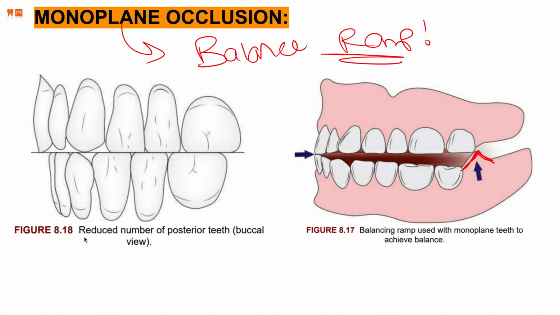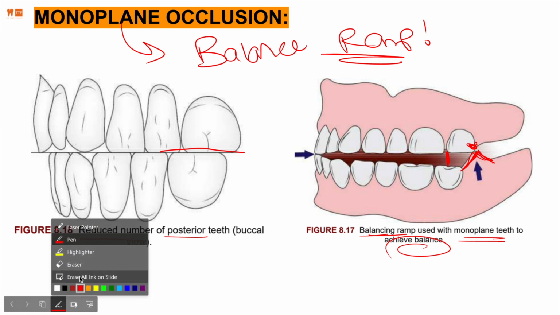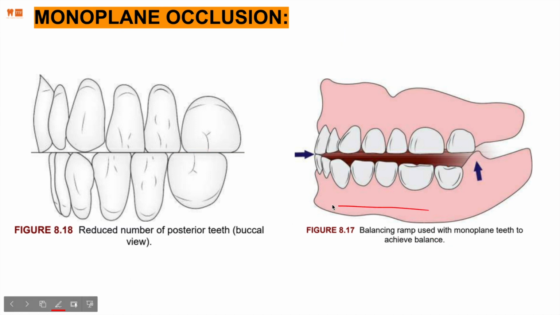Okay. See, a reduced number of posterior teeth is also another way where you can reduce posterior teeth and add a balancing ramp to the monoplane to achieve a balanced occlusion, where even in a protrusion, you'll feel like even with no cuspal height, there's still a touching of the denture base in the back, right? So in terms of imagination, if the mandible was moved forward and the incisal tips are touching, a flat cusp shouldn't even be touching one another, right?